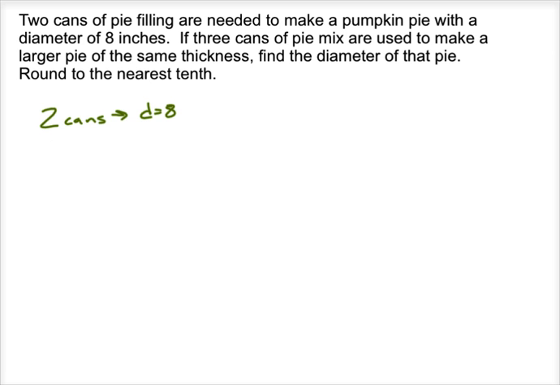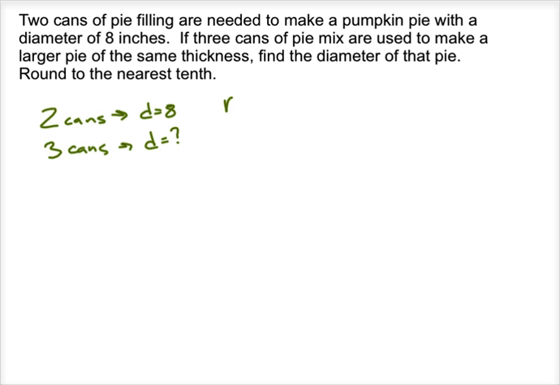So now I want to know 3 cans is going to give me a diameter of how much? Well, I know that 3 cans should end up giving me an area 1.5 times the size of 2 cans. So let's find the area of 2 cans.